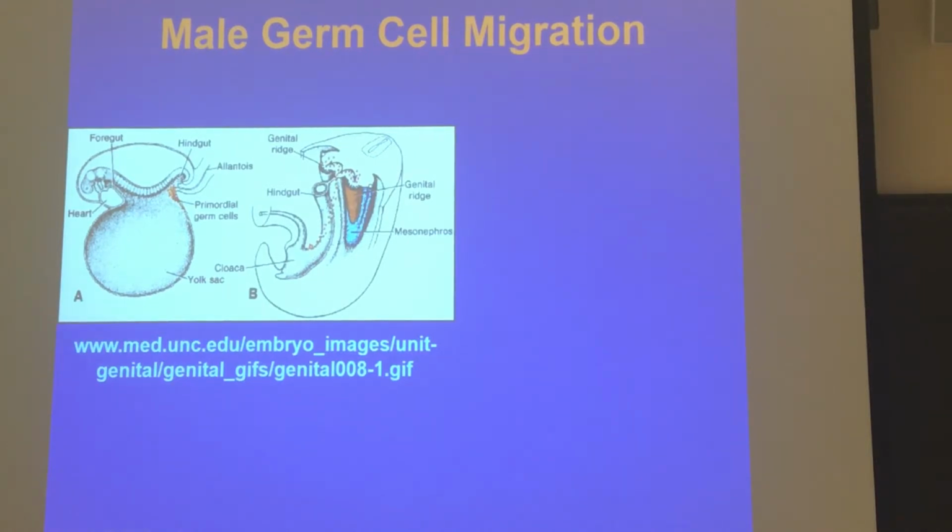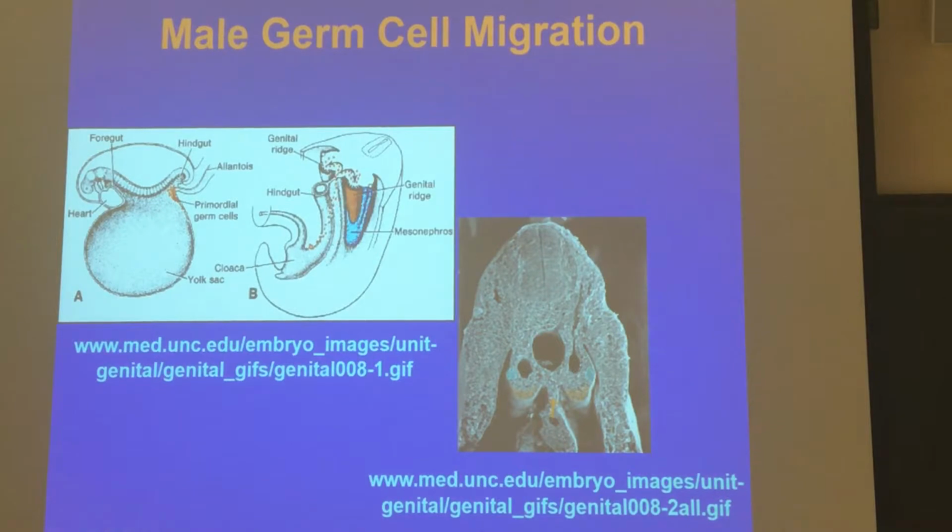So these germ cell precursors, which are dividing actively by mitosis, migrate up the hindgut and locate themselves in what's called the genital ridge, which is the area on top or toward the head, and what will become the kidney. So the mesonephros is here, and there's the genital ridge. This is a cut showing you where those cells are located relative to one another.